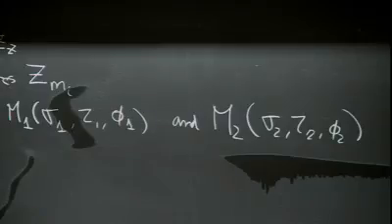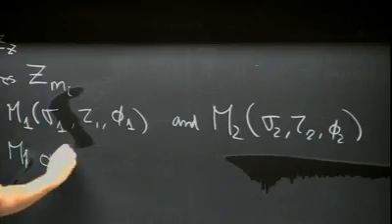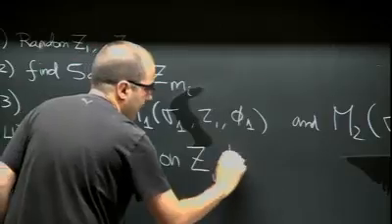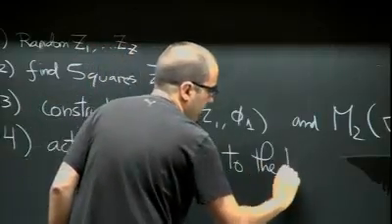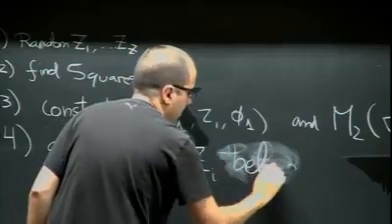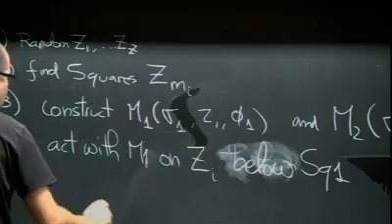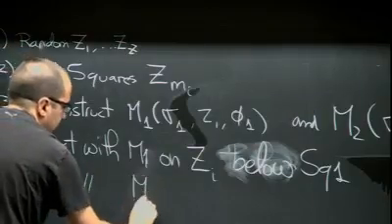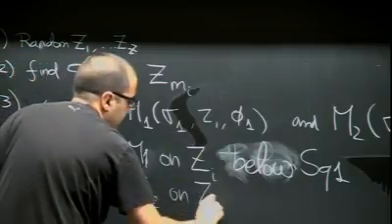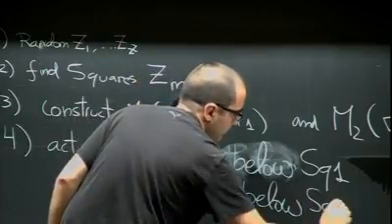And then we act with M1 on the twister Zi below the square 1, and we act with the twisters M2 on the Zi below the square 2.